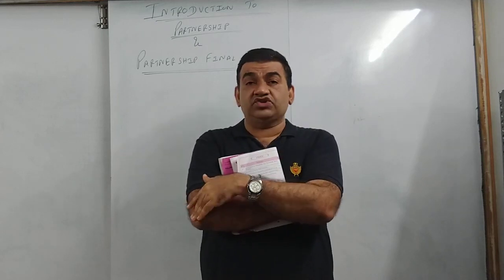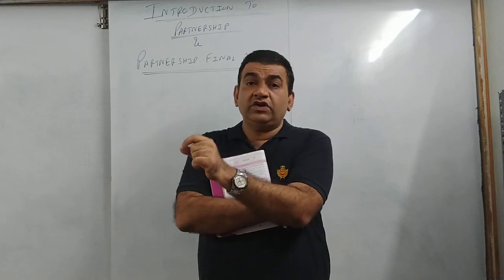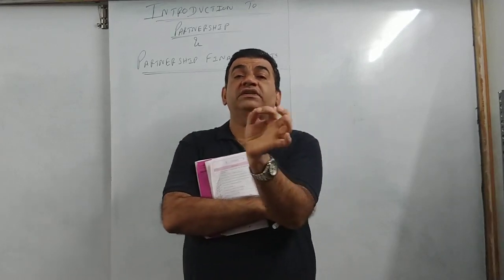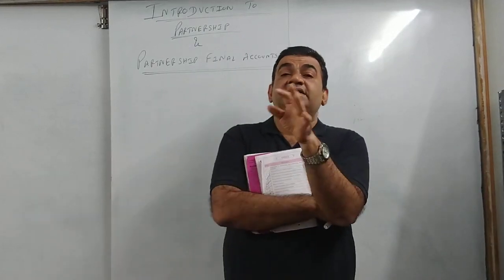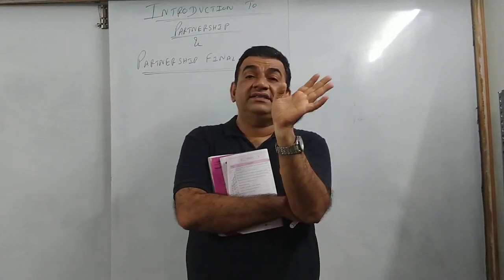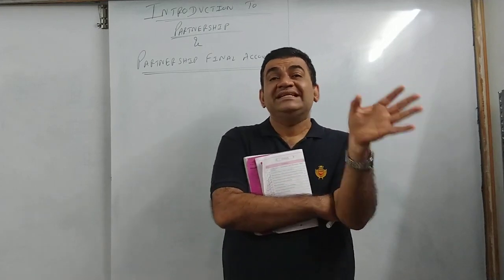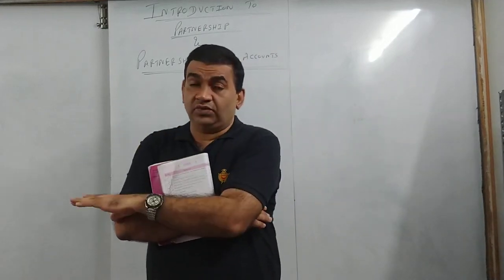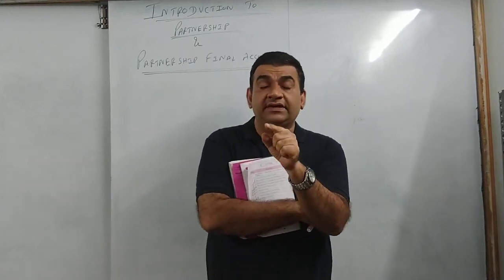Or they decide the ratio. They say 3:1. So the profit or losses will be divided in the ratio of 3:1. How to divide? That when we come to the sum, that time we will see. They say divide in the ratio 5:3:2. So whatever is the profit or loss, divide in the ratio of 5:3:2. Now remember, very important point. आगे जाके क्या आएगा? But I'll explain now only.